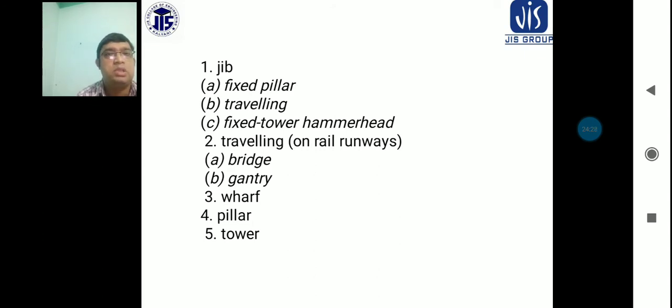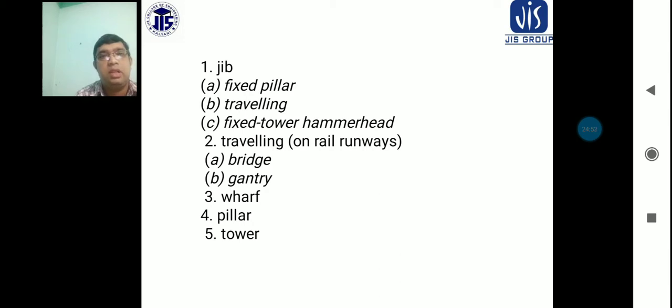This fixed tower hammerhead jib crane is used for different heavy-weight materials that must be moved in the required directions.